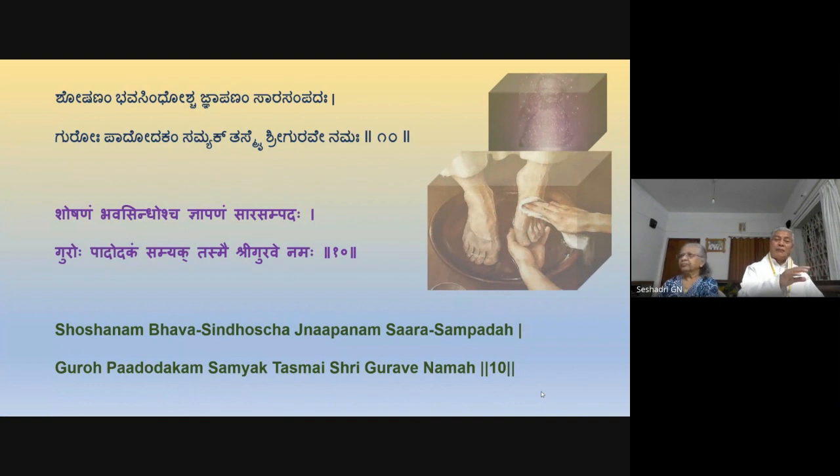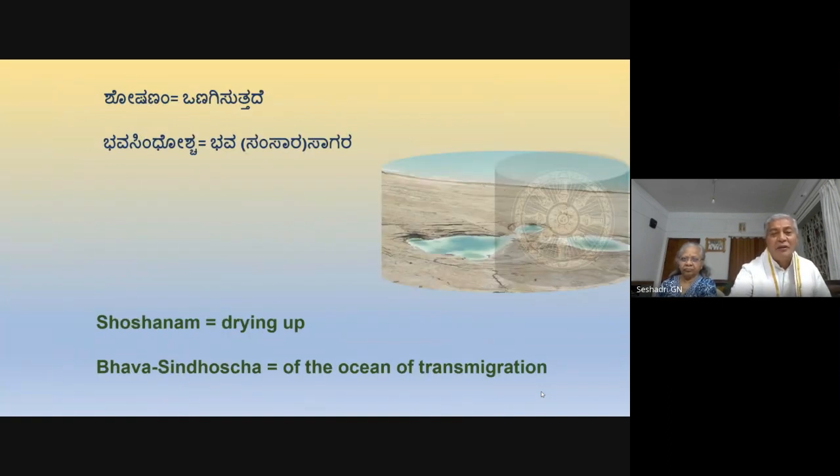Samyak Shoshanam Bhavasindoscha. Jnapanam Sara Sampadaha. These are the two effects. Effects of what? Guroho Padodakam. The effect of receiving the pada, the foot, udakam, the water of Guru, that will do all that.